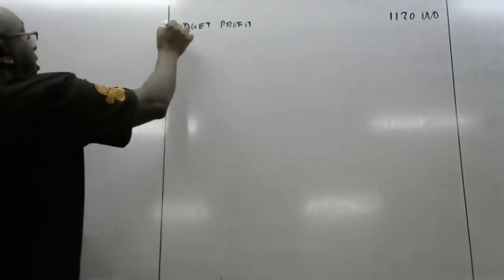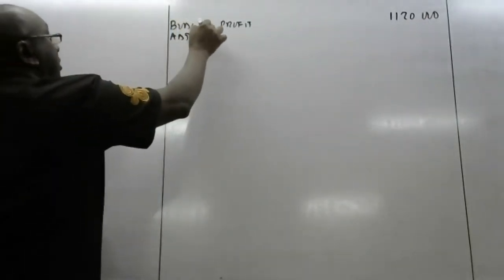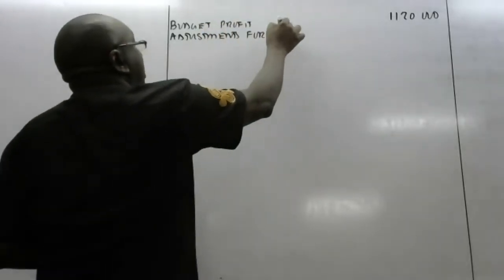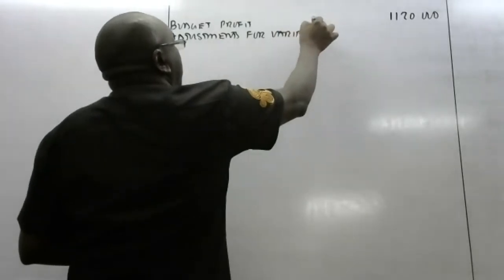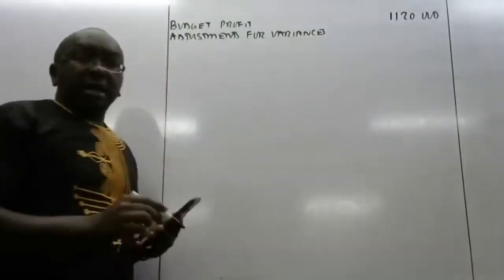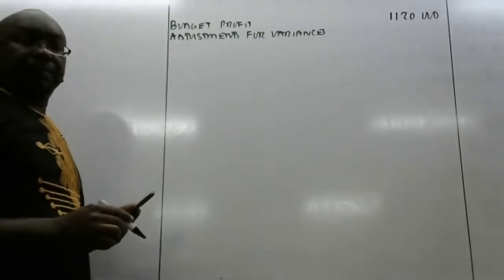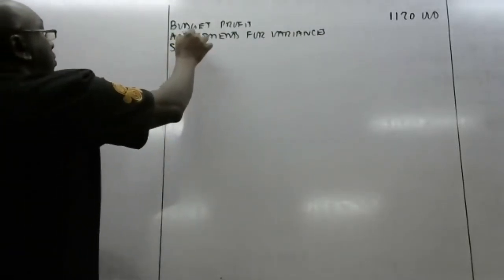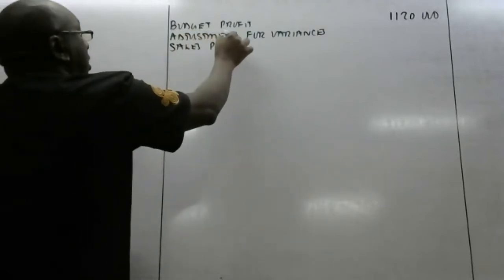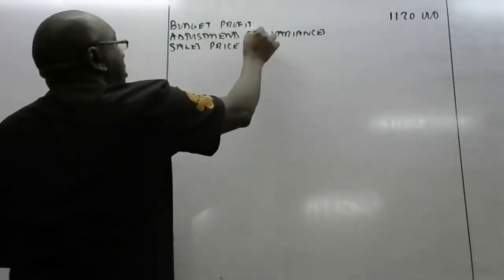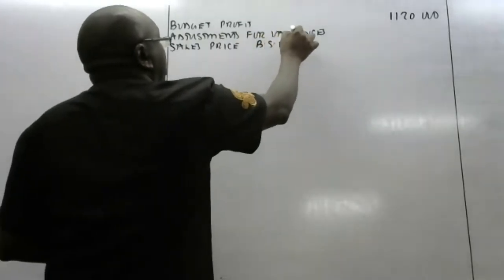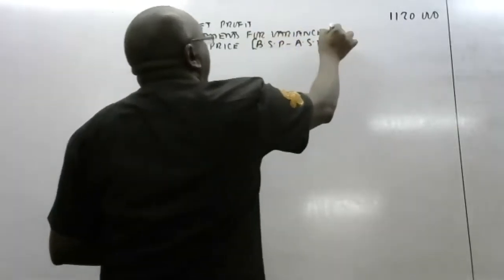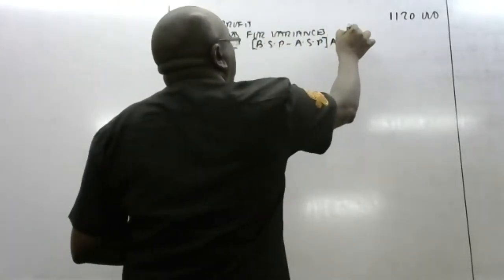Then we said adjustments for variances. We began with sales price. We said the formula is budget selling price minus actual selling price, multiplied by actual sales units.